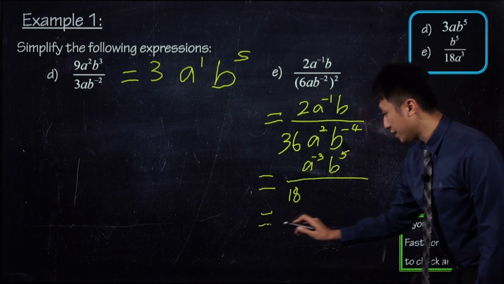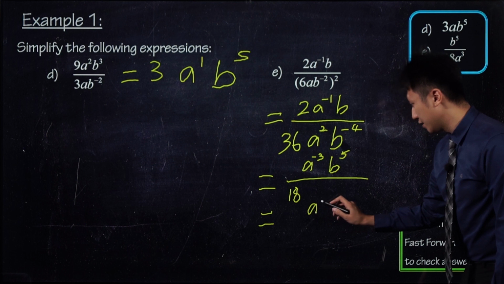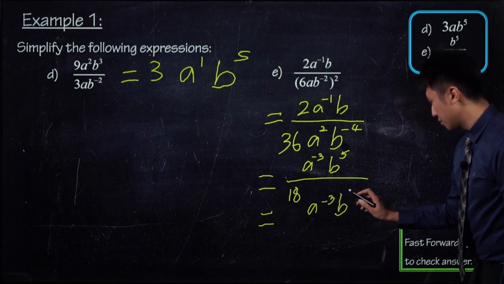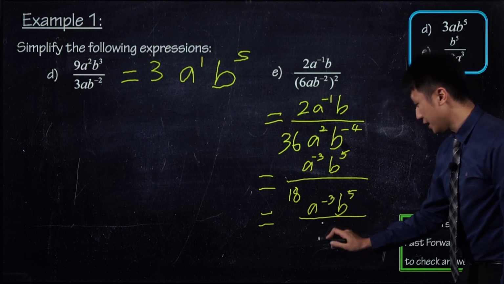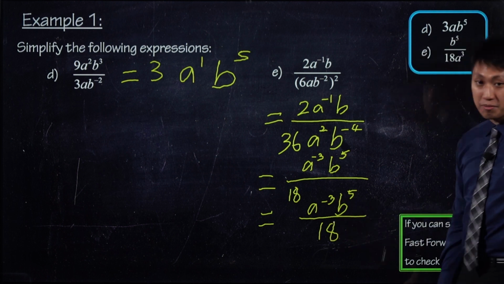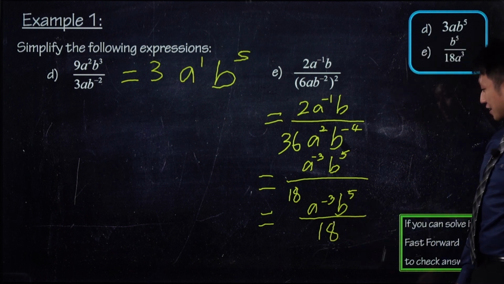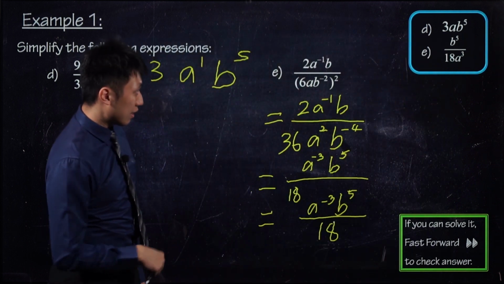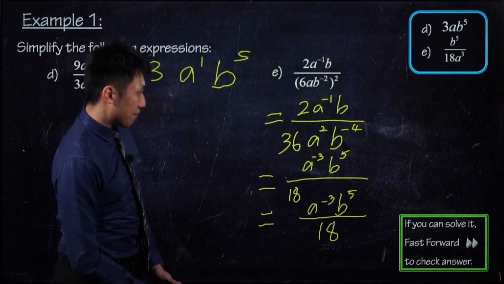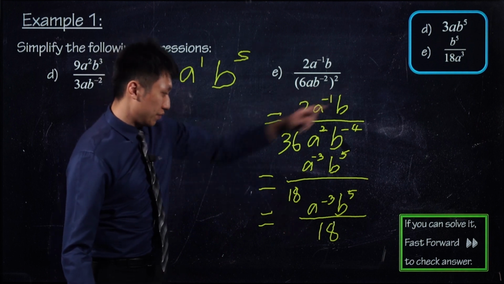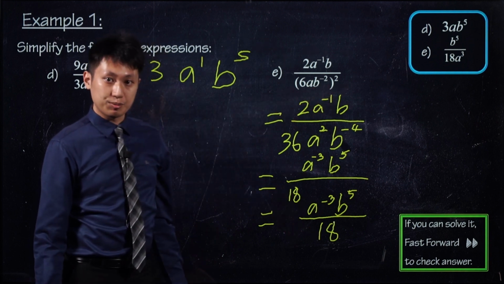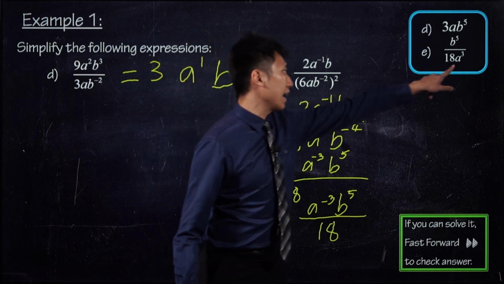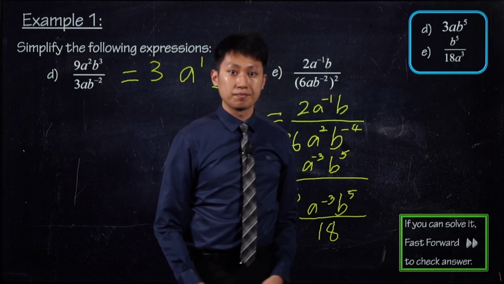So the final answer will be A to the power negative 3, B to the power 5, and the whole thing divided by 18. Just going to write it properly. Okay, it's ugly here. Correct? So this is another form of it. So they write the A below, so A to the power 3 below. Both are acceptable, right? A to the power negative 3 and A to the power 3 below, it's the same.